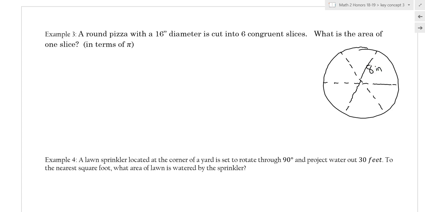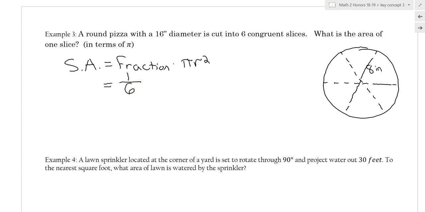So what is the area of one slice? This is a sector area problem, so it's some fraction that we're trying to find. Usually we use angles. I don't know the angles here, times pi r squared. What fraction of the pizza am I trying to find the area of? I'm trying to find 1/6 of it.